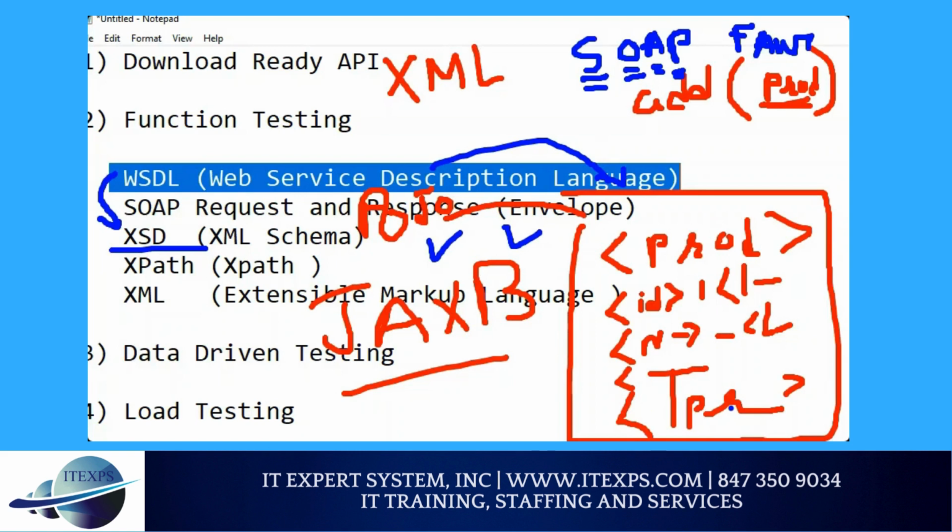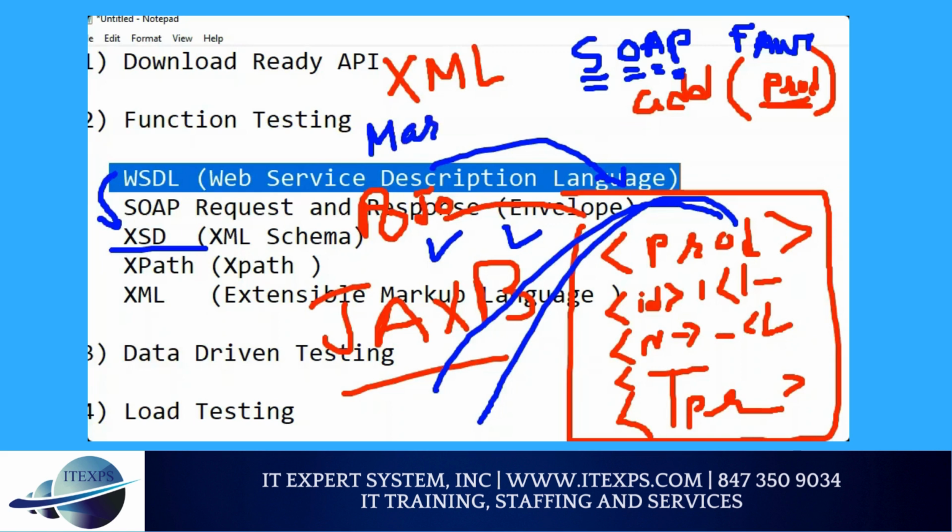And that magic of converting from XML to Java object was done by JAXB. Or Java to XML, that magic was also done by JAXB. So there is a special English name. Sometimes people use jargon to confuse you. The English name is called marshalling.